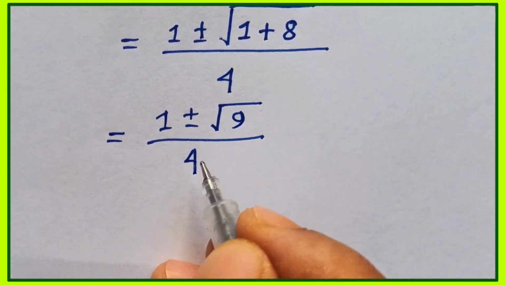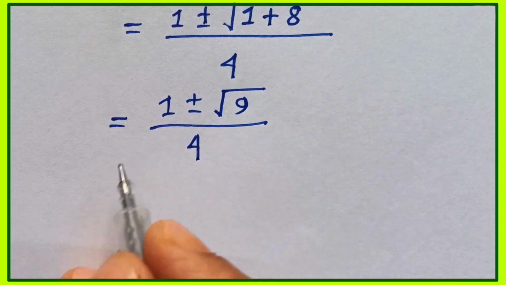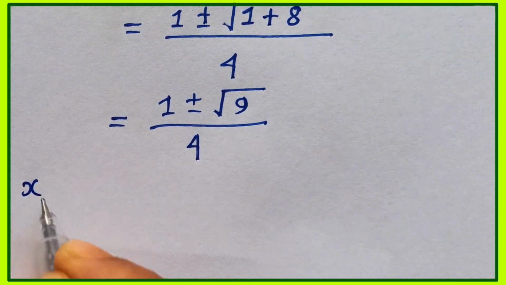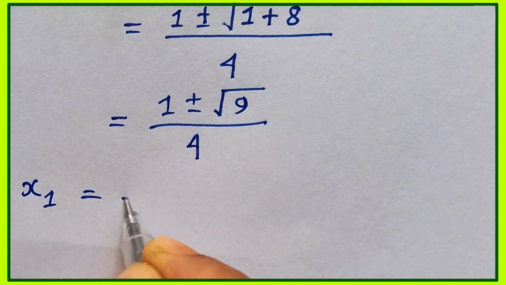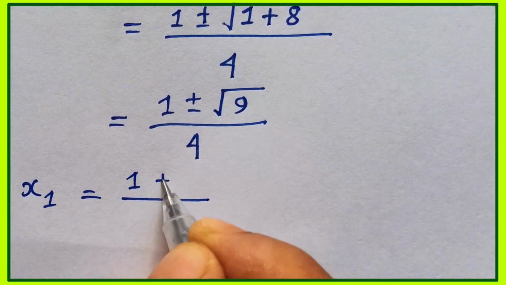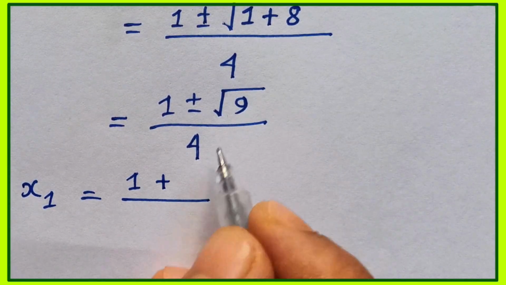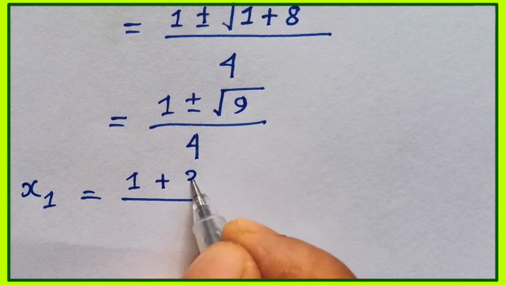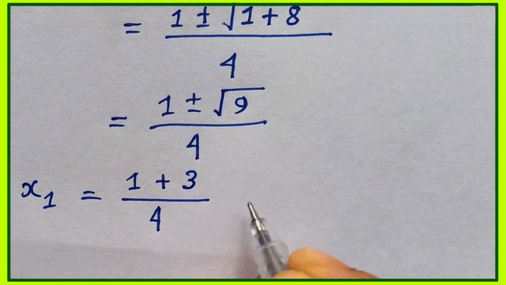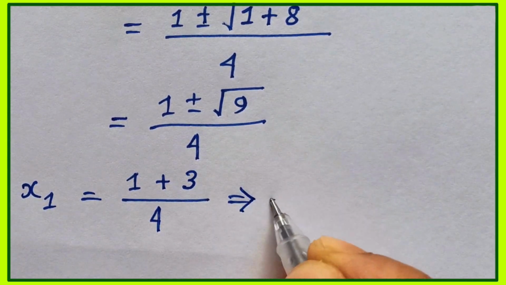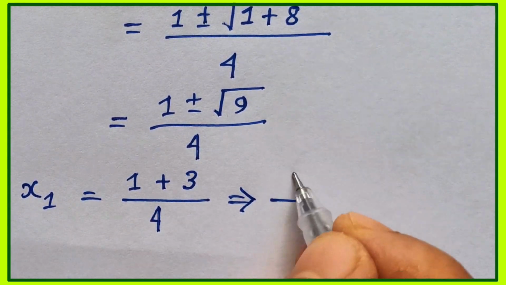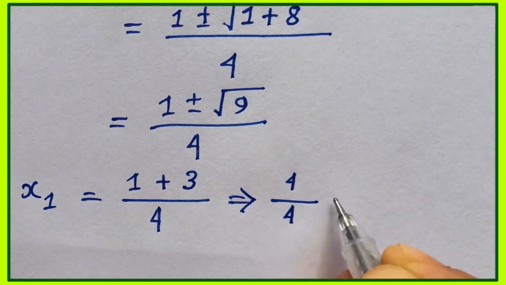Here we find the two values of x. x1 is equal to 1 plus the square root of 9, which is 3, over 4, that is equal to 1 plus 3 is equal to 4 by 4 is equal to 1.